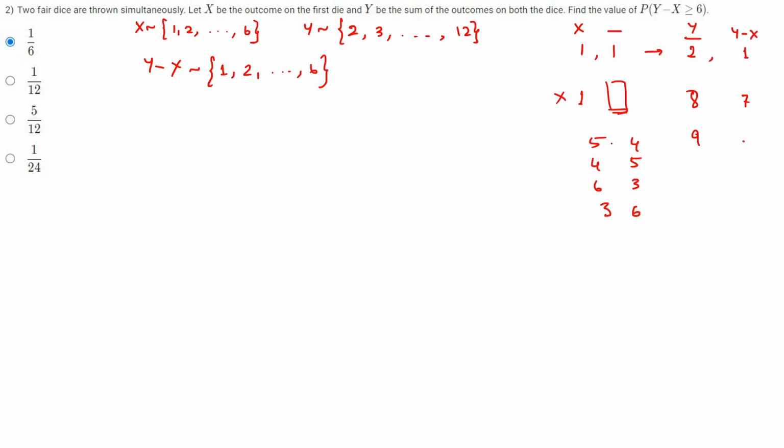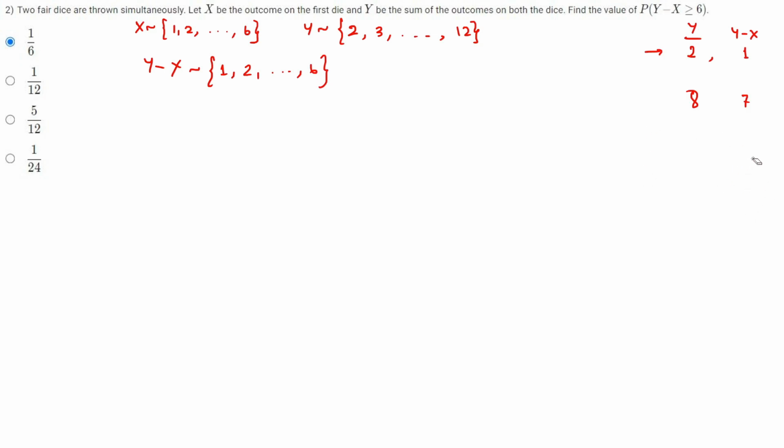The values are 9 minus 5 is 4, 9 minus 4 is 5, 9 minus 6 is 3, and 9 minus 3 is 6. As we can see, we will not exceed the value 6 in the range of y minus x. I hope that is clear for all.